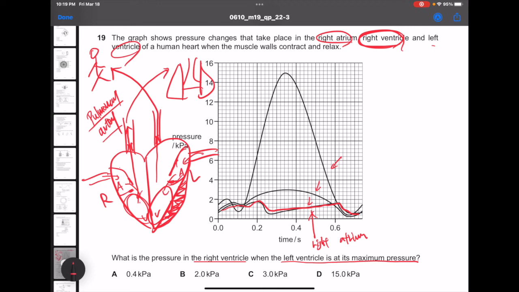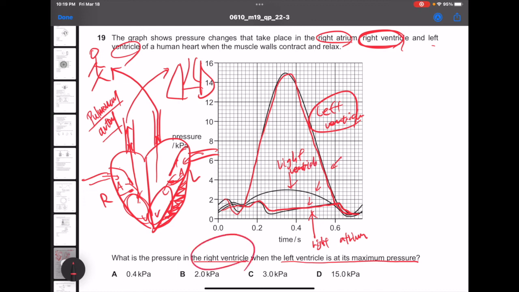So therefore, I guess this biggest graph line represents the pressure of the left ventricle, and the middle one will be the right ventricle.